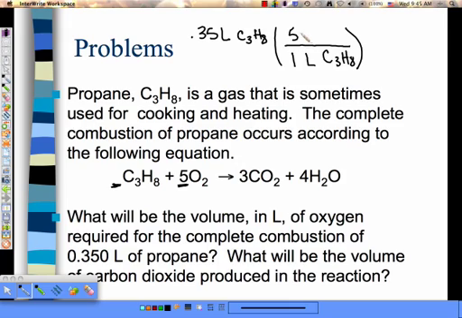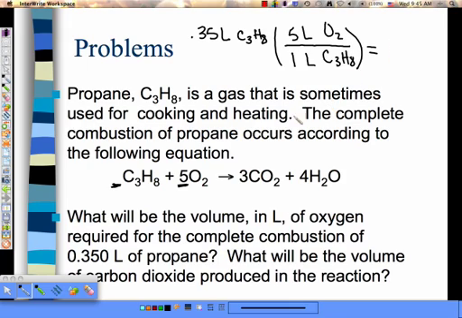We go 5 liters of O2. So just like we converted mole to mole, we're converting liters to liters, or whatever volume. As long as the volumes are all equal, we have to use the same volumes. Doesn't matter which unit of volume you're using.